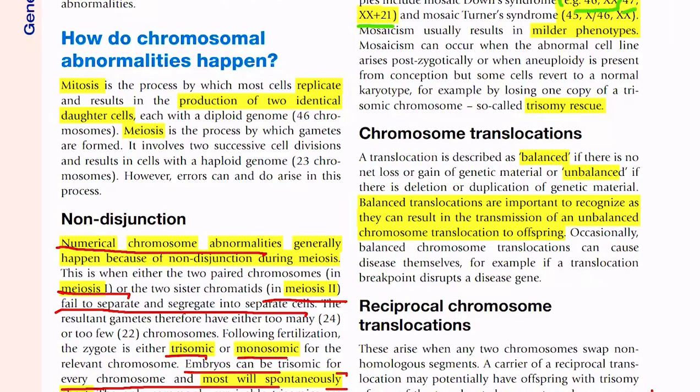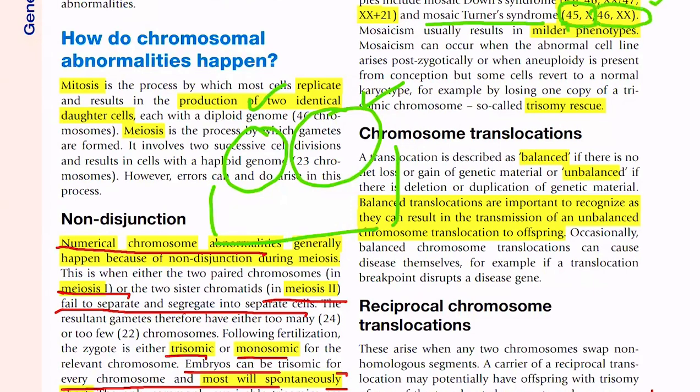Some cells are normal and some cells are abnormal, so the karyotype will be written with the normal and with the abnormal. Okay. Now see here in mosaic Turner syndrome, some cells have the Turner problem and some cells have a normal karyotype. Right?